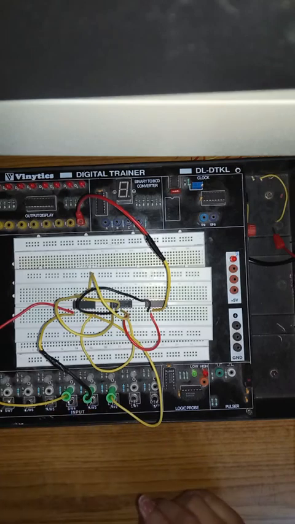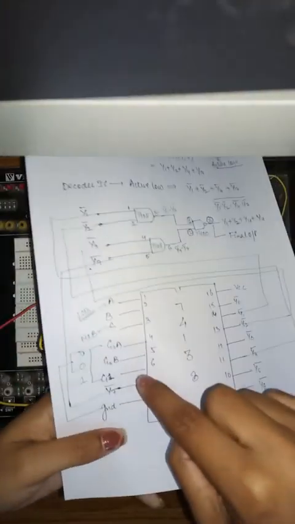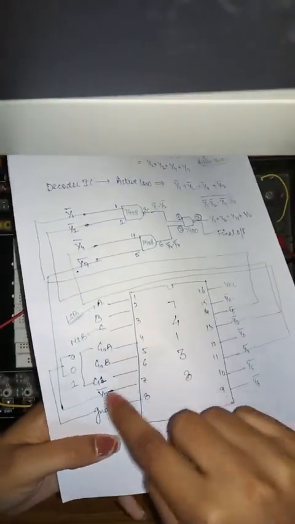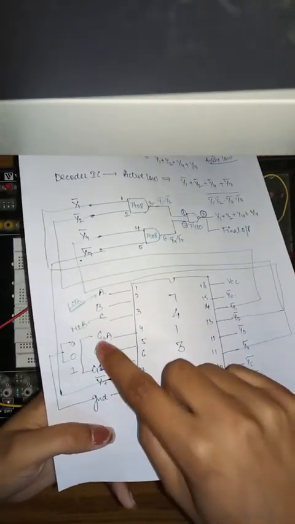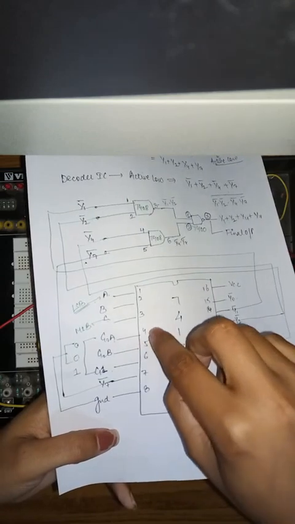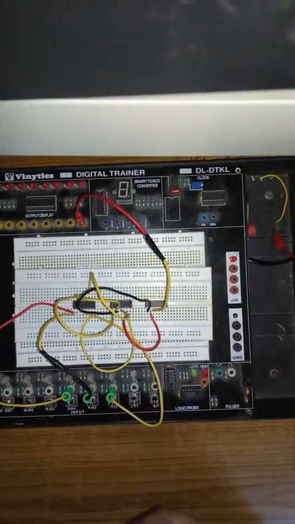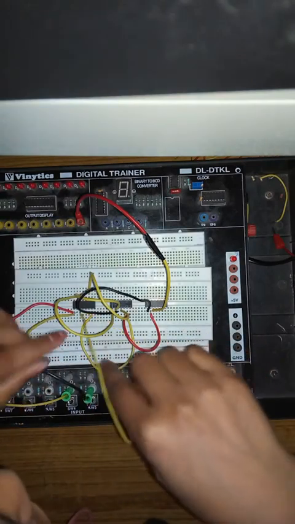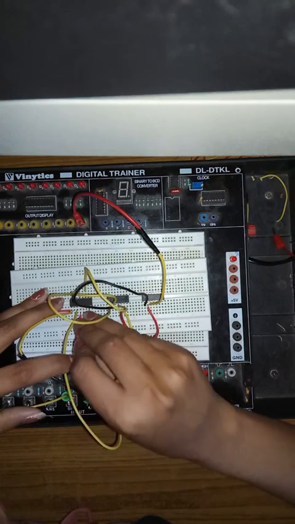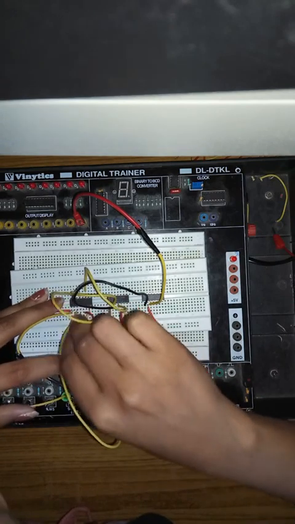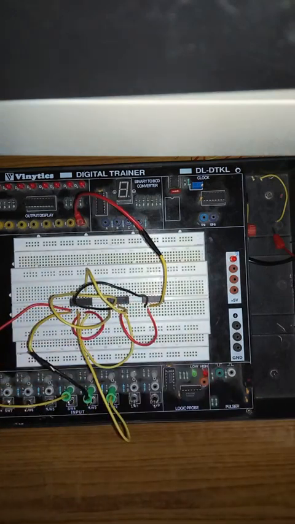Okay. Next we have to connect the enable signals 4, 5 and 6, and these enable signals are to be connected to 0, 0 and 1. So 0 means nothing but ground. So what we can do is short the 4th and 5th pins of the decoder IC, and then connect them to ground.